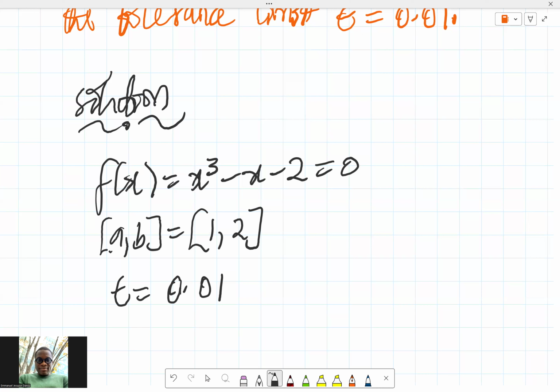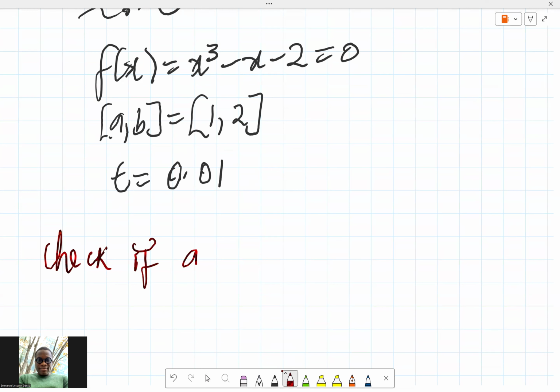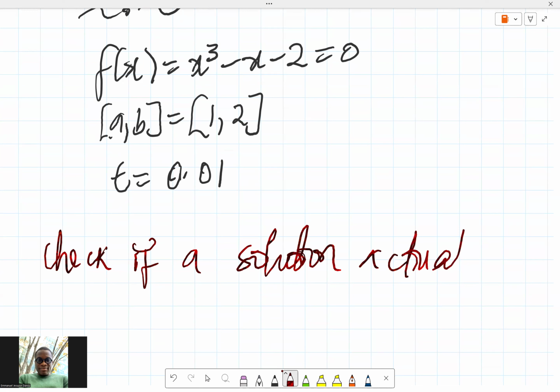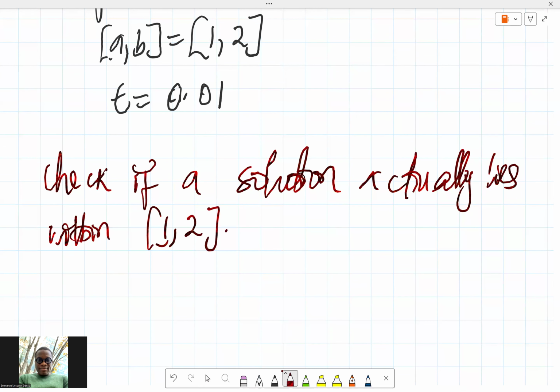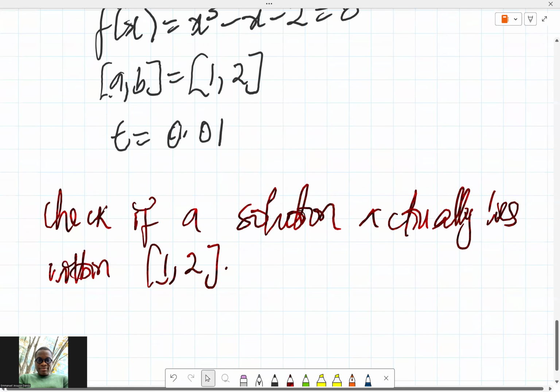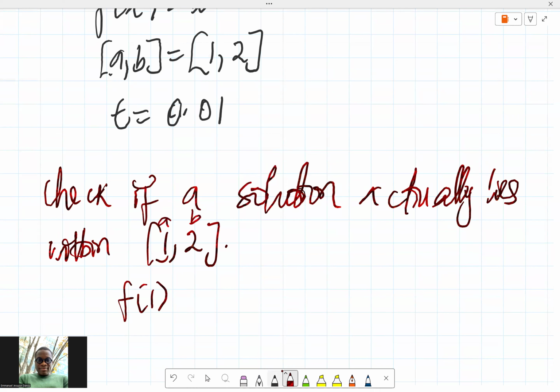So the first thing you want to do is check if a solution actually lies within 1 comma 2. The way to do that is to compute f of A, which is f of 1.